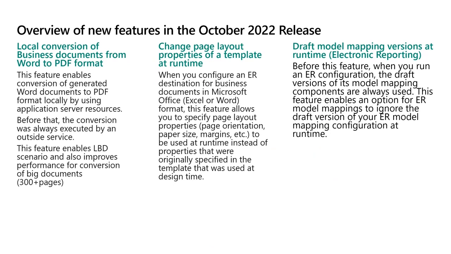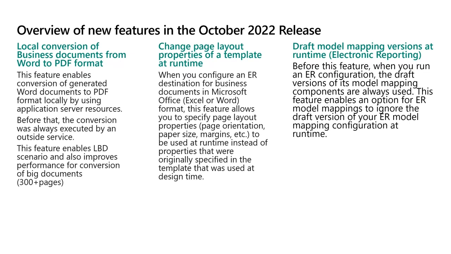One of the issues which we have is with this draft status. It's not clear sometimes for people when they use ER how the draft status of model mapping, and we'll be talking later about format as well, configuration, is used at runtime.